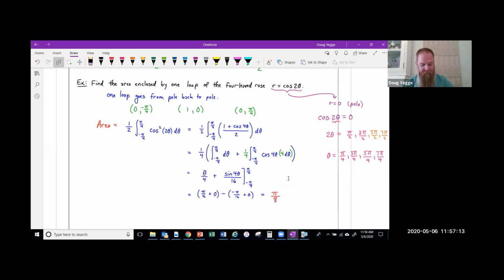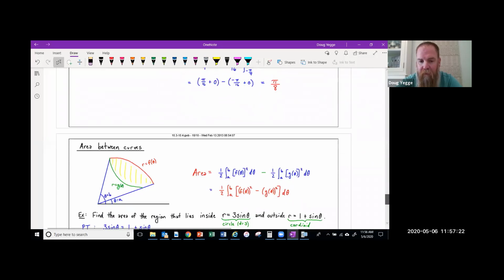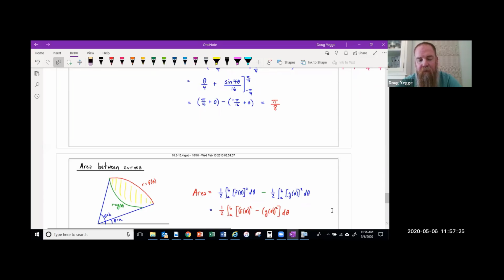All right, well, the last thing we're going to go over here is finding the area between curves. And so the area between curves is actually kind of cool too, because it turns out to be very similar to what we did before. If I wanted to find this yellow area between curves, between two angles, from angle A to angle B, then just keep in mind all we're doing, the same exact thing that we did before, is that we're finding the total enclosed area inside of the red curve, and then we're taking away all of the area inside of the green curve.